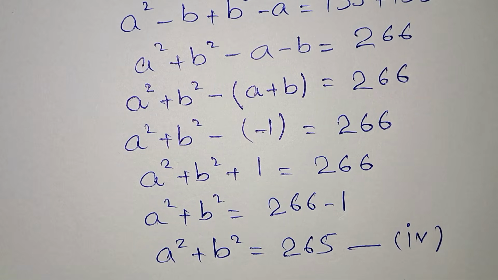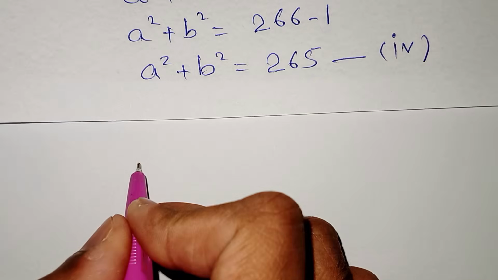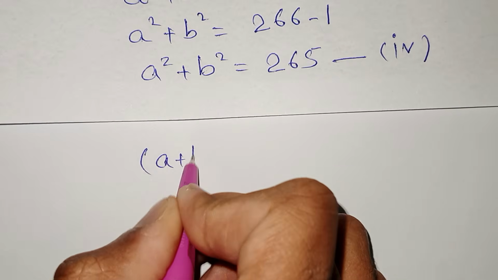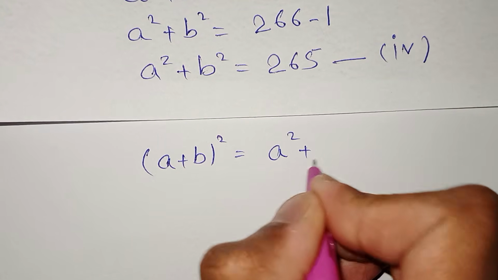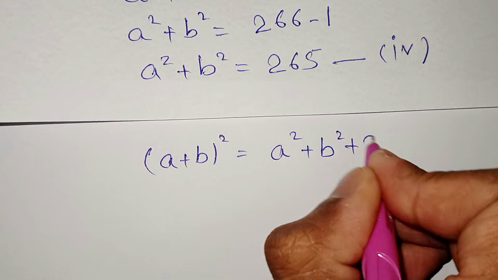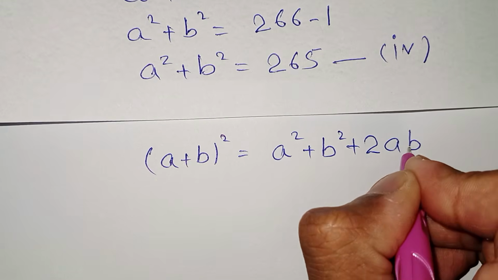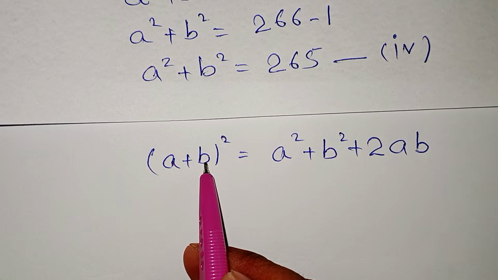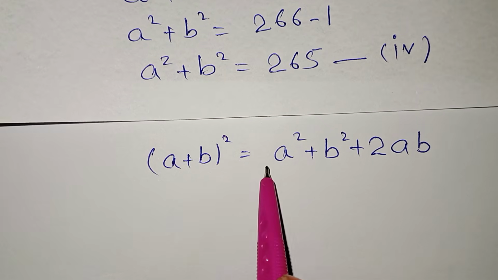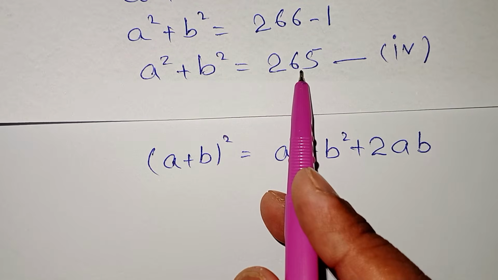Now we will move forward. We know the (a + b)² formula: a² + b² + 2ab. We know the value of a + b, which is −1, and we know a² + b² is 265.